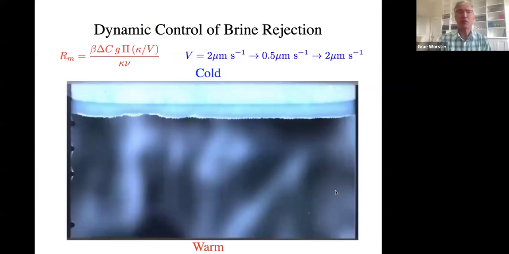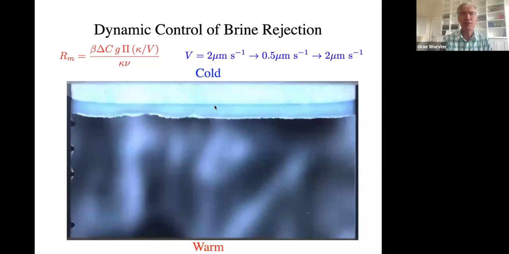I'll just explain what you're going to see before you see it. We're going to watch a video at the moment. The video isn't turned on yet. The top surface is very cold. It's so cold that we are forming solid ice and solid salt crystals. And that's this whitish region here.